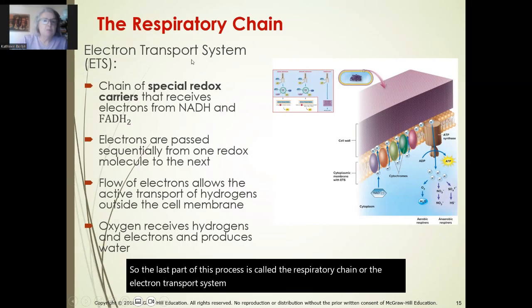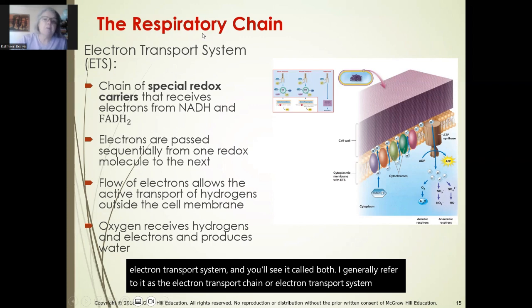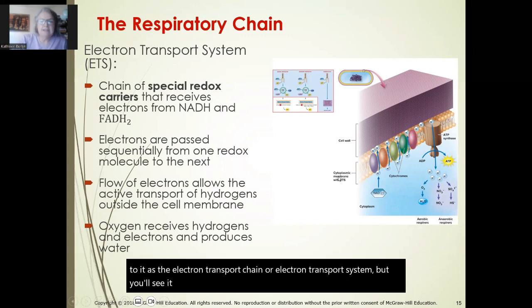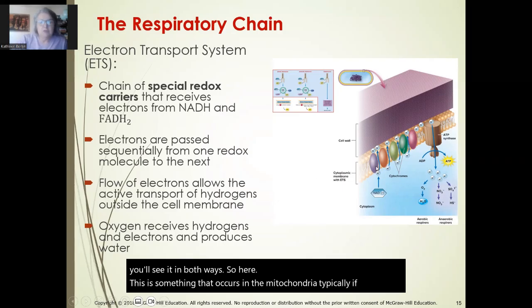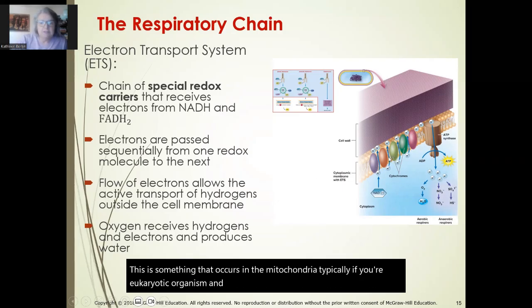You'll see it called both. I generally refer to it as the electron transport chain or electron transport system, but you'll see it both ways. This is something that occurs in the mitochondria, typically, if you're a eukaryotic organism, and you have all of these proteins embedded in the inner membrane of the mitochondria, in the cristae, if you recall from your earlier biology class.